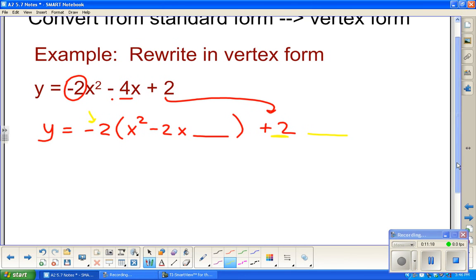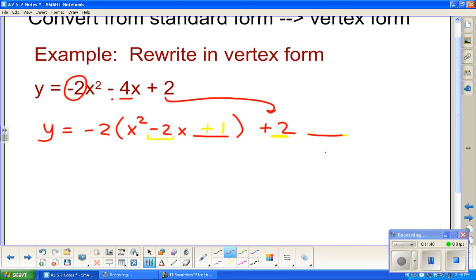When we're completing the square, again, I'm just looking at this b value right here. I take half of that, so that's a negative 1, and when I square that, it's a positive 1. Now, you might think, well, we need to subtract 1 in this other blank over here to balance out what we just did.